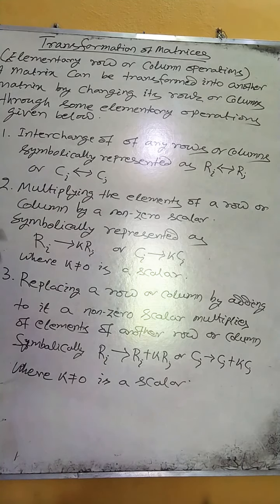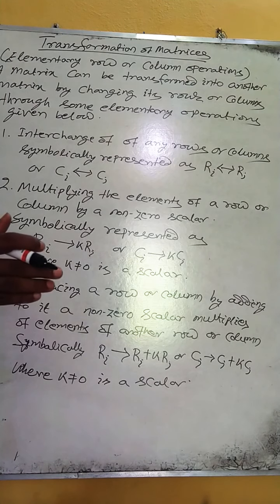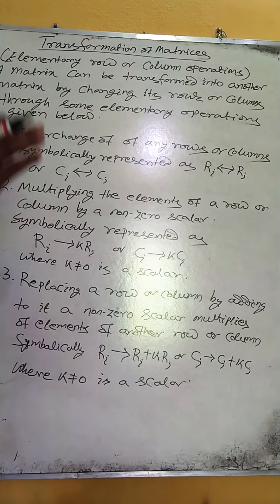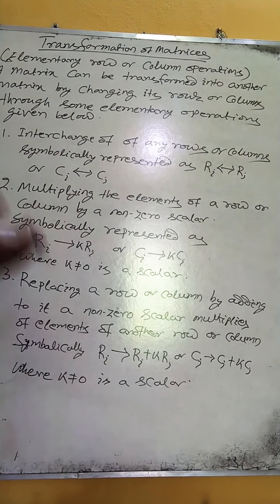Third, replacing a row or column by adding to it a non-zero scalar multiple of the elements of another row or column. That means we replace the first row element by the first row element plus k times the second row element, or the second row element by the second row element plus k times the third row element.